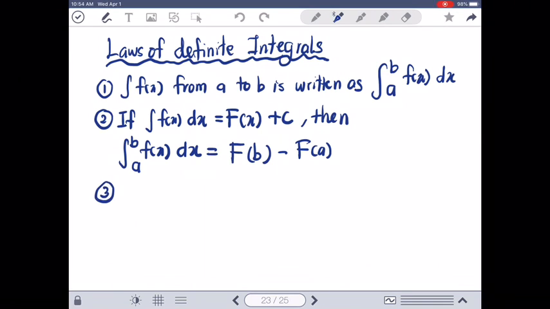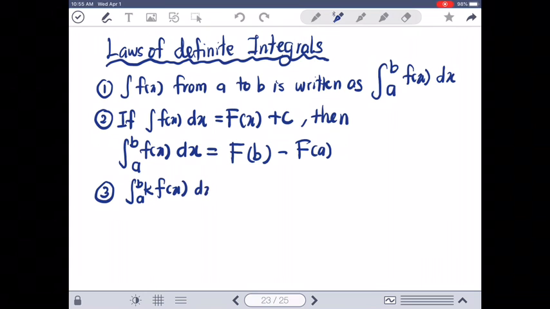The third one, if we integrate a certain constant multiplied with a function from a to b with respect to x, then the constant can be brought outside.